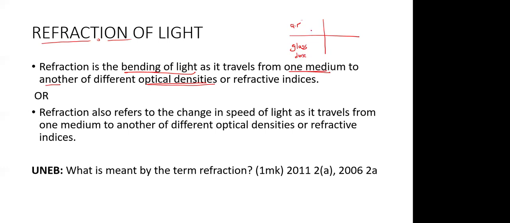So the speed at which it travels in air is always different from the speed at which it travels in glass. That difference in speed gives us what we call refraction of light.